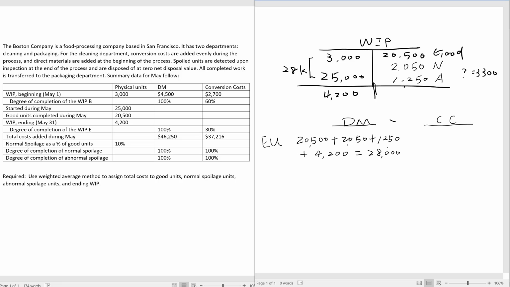As for the equivalent units for conversion costs, 2,500 good units plus 2,050 normal spoilage units plus 1,250 abnormal spoilage units plus ending work in process 4,200 units times 30% equal to 25,060 units.